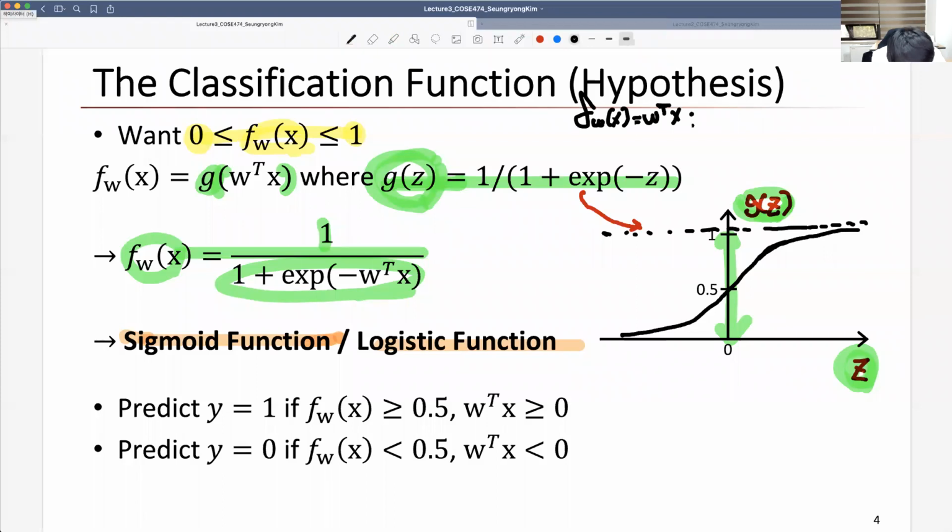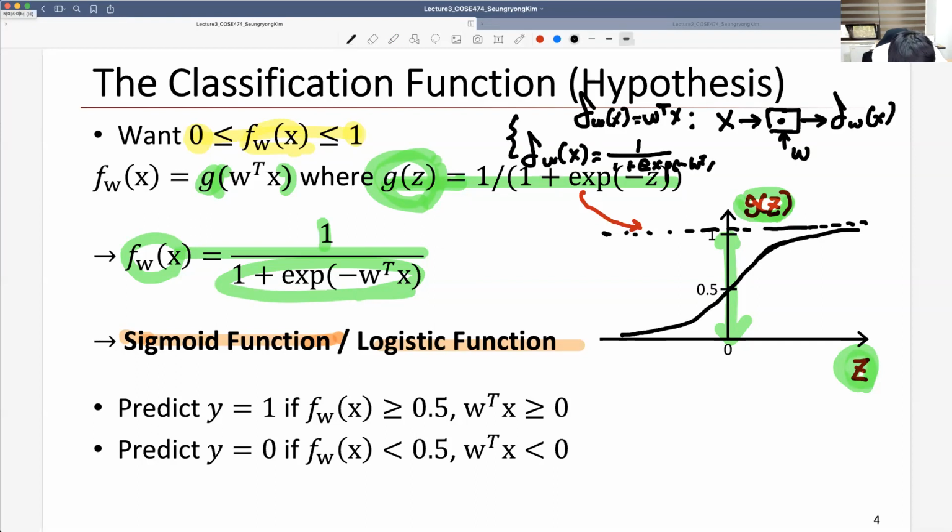We can draw this procedure as a dot product with the parameter and x. It was the mapping function in the regression problem, right? Then what is the mapping function in the classification problem? It's something like 1 over exponential minus w transpose x, right?